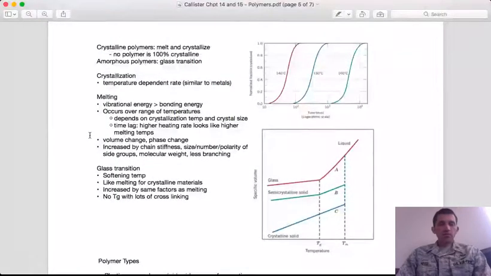Okay, so the thermal behavior here in this next page. So crystalline polymers, as is typical of all crystals, have a defined melting point. And this is the temperature at which the crystal melts. When you talk about melting, I always picture this tug of war between the random thermal energy in a crystal versus the bonding energy.